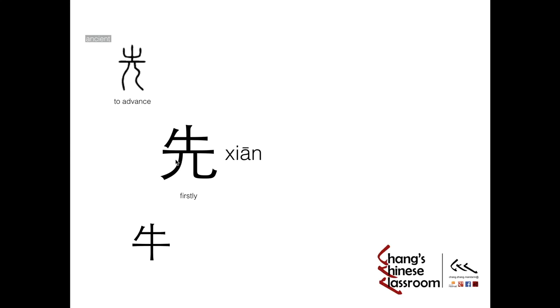And for the modern Chinese character, I actually made up a story for you to better memorize it. First, take a look at this above part, like a hat. Here, this is character 牛 for buffalo or beef. And lower part, this part is actually 儿, just to represent two legs.